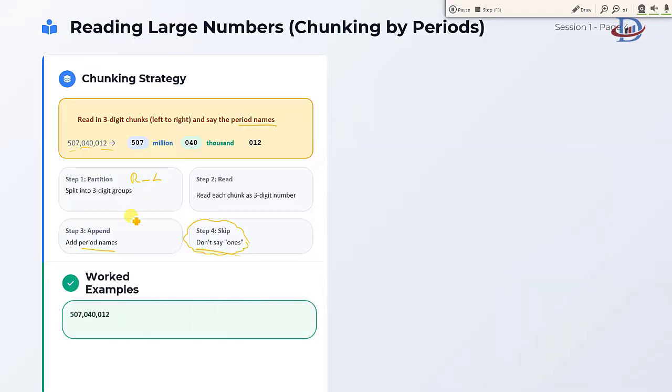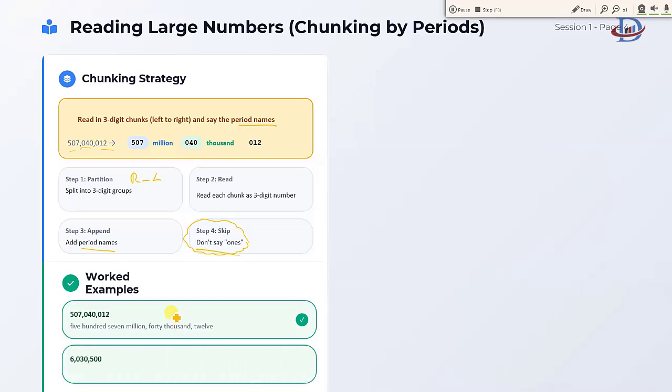So, a working example like this number over here, as I told you, we can read it as 507,040,012. This one we'll read as 6,030,500.